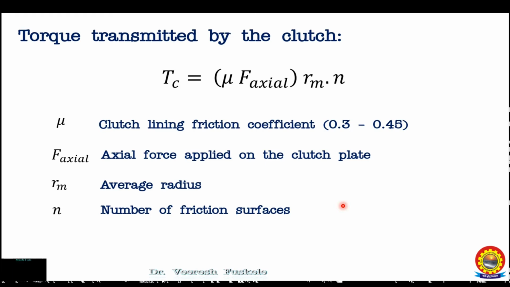R_m is the average radius on which the axial force is applied, and N is the number of friction surfaces. In the case of a single clutch plate, the number of surfaces will be 2, and likewise for the multi-plate clutch. So this is all about the introduction of the clutch.